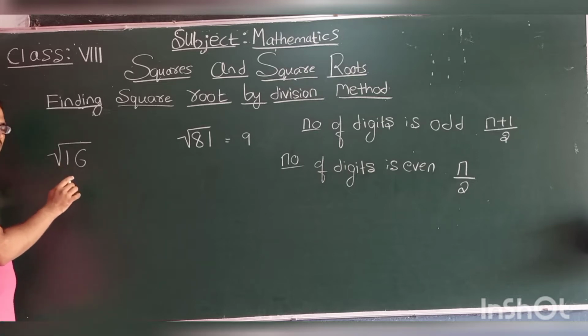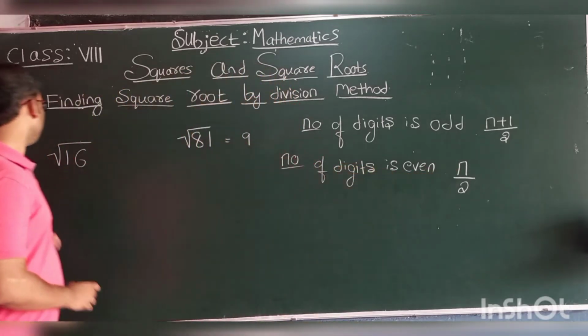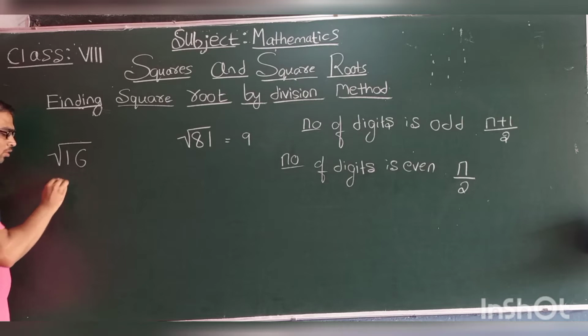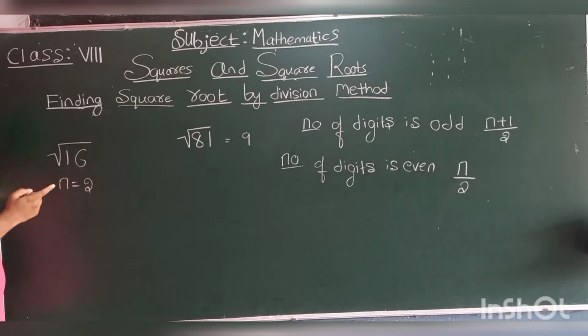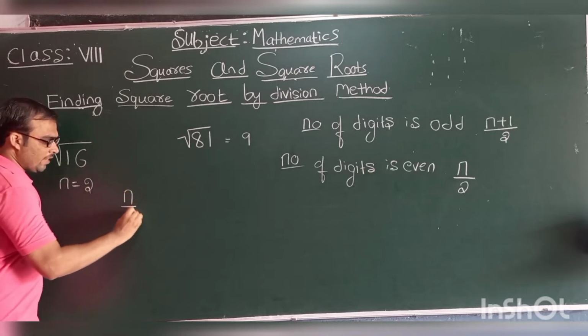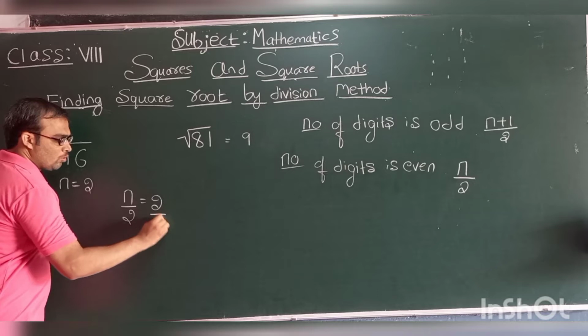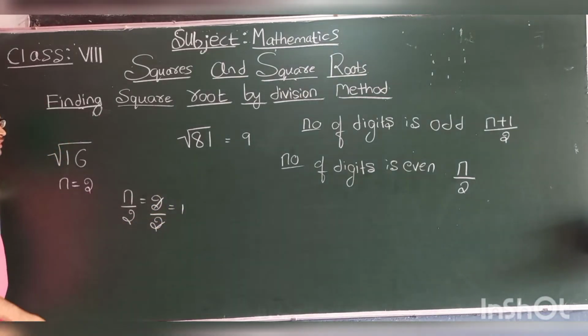As there is an even number of digits, we use the formula n by 2. Here n is 2. So 2 by 2, 2 ones are 2, and we get 1.